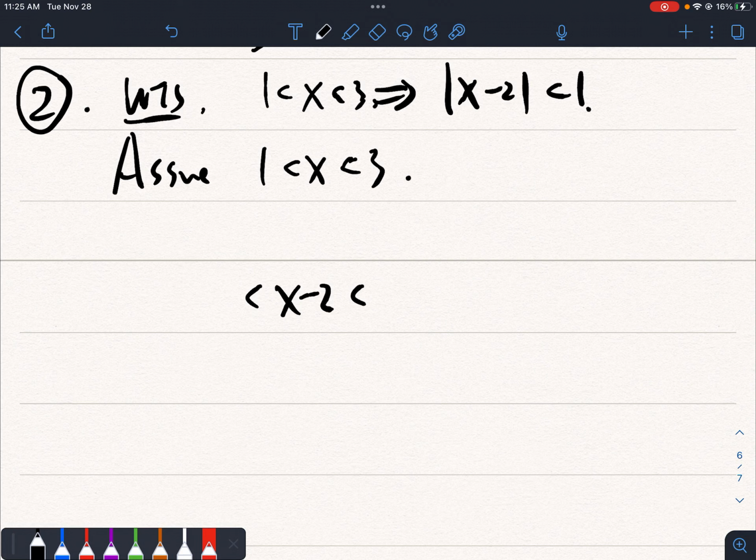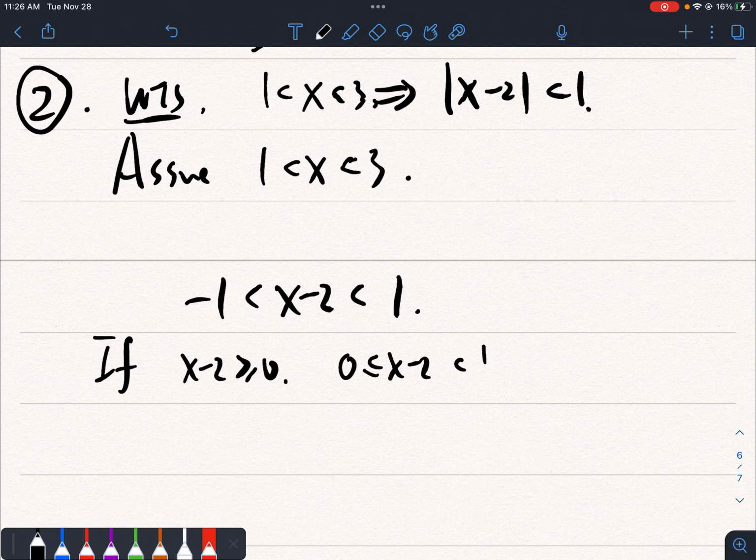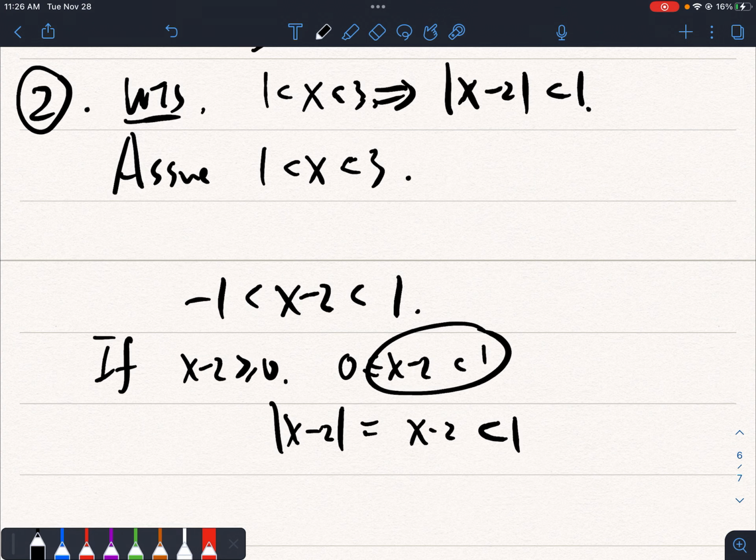So this is going to be between negative 1 and 1. So it can be either positive or negative. If this is positive, then it is from 0 to 1, and the absolute value will just be itself because it is non-negative. So it will be less than 1 because this is true.